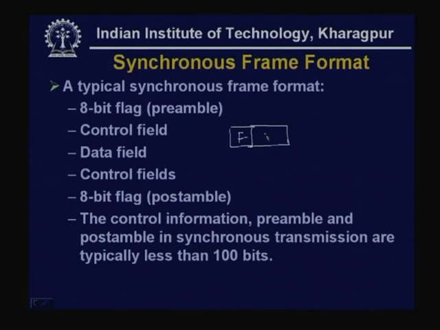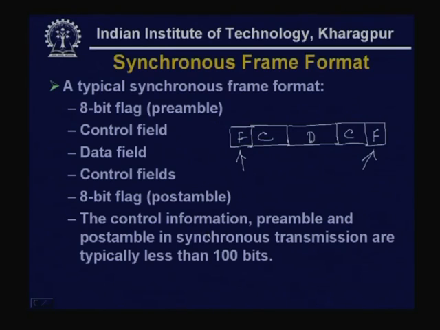So, flag, control, then there can be data bits, then again some control fields, and this control field can be for error detection, and again the flag. This is the typical format used in a synchronous frame. And as you can see, the beginning and end is identified with the help of a special flag. It can be an 8 bit flag.